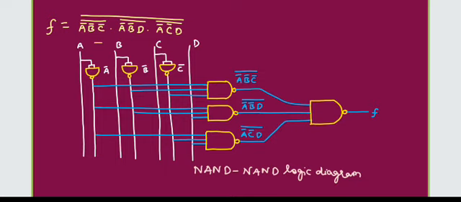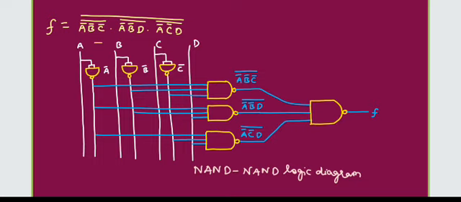Coming to the second NAND gate, it is used to get the output A bar B bar D whole bar. What are the inputs given to the second NAND gate? A bar, B bar, D applied to the second NAND gate to get the output A bar B bar D whole bar. And the third NAND gate we used to generate the third term. What is the third term? A bar C bar D whole bar. To get this output, what are the inputs applied to the third NAND gate?